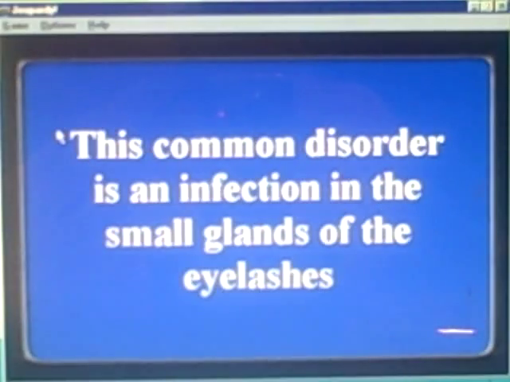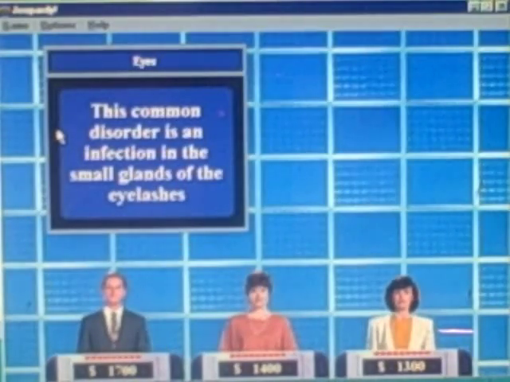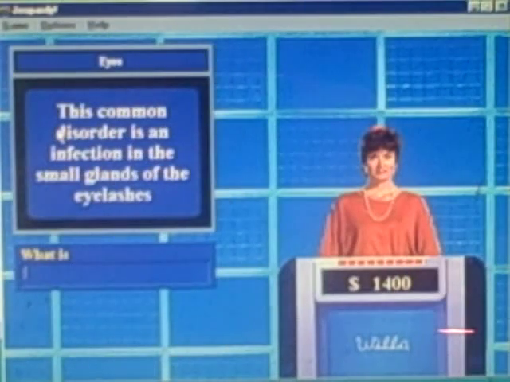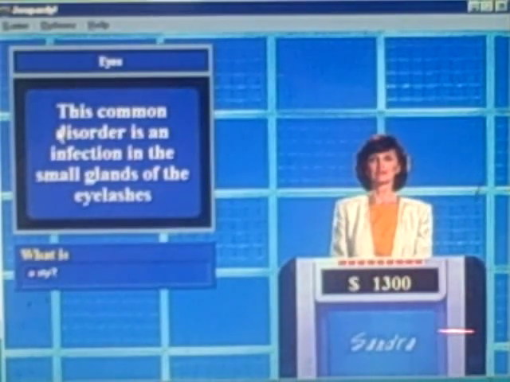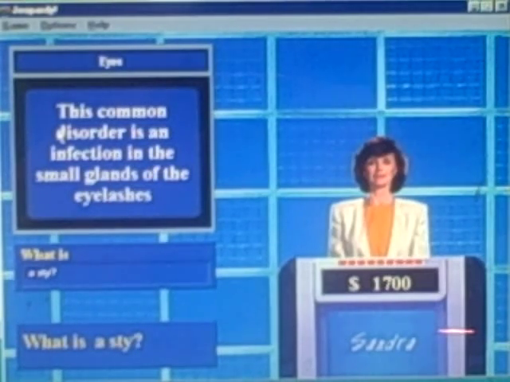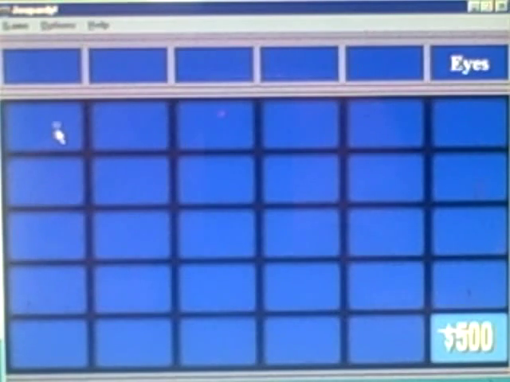Contestant number 1. This common disorder is an infection of the small glands of the eyelashes. Contestant number 2. And Willa doesn't know. Wrong. Contestant number 3. What is a sty? Yes. That's correct. Last clue before we go to Double Jeopardy. Contestant number 3.